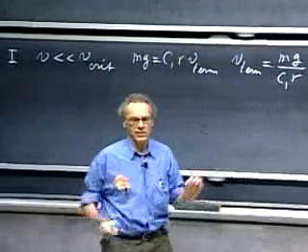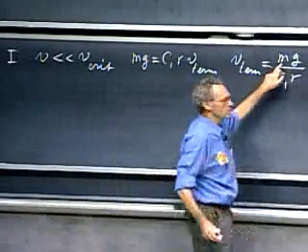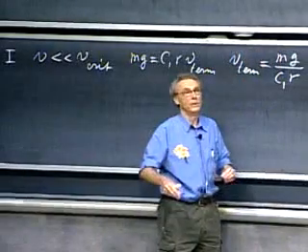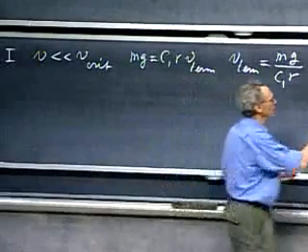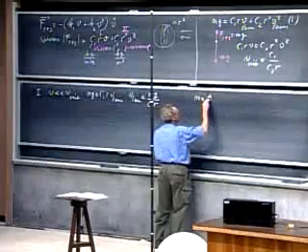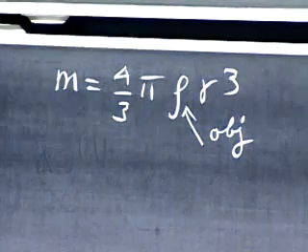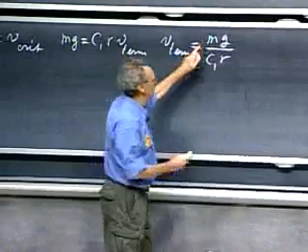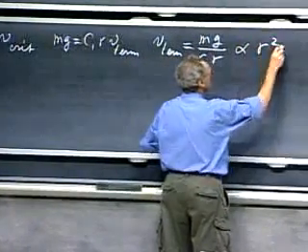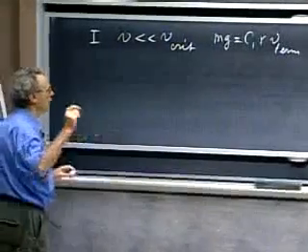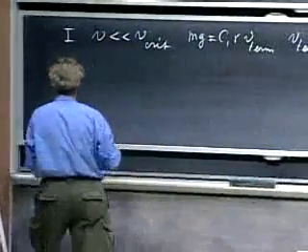If you take objects of the same material, that means they have the same density, the density of the objects that you drop in the liquid or in the gas, so that m equals 4/3 pi rho r cubed. This is now the rho, the density of the object. It's not the density of the medium. Then you can immediately see, since you get an r cubed here, that this is proportional to the square of the radius, if you drop objects in there with the same density.